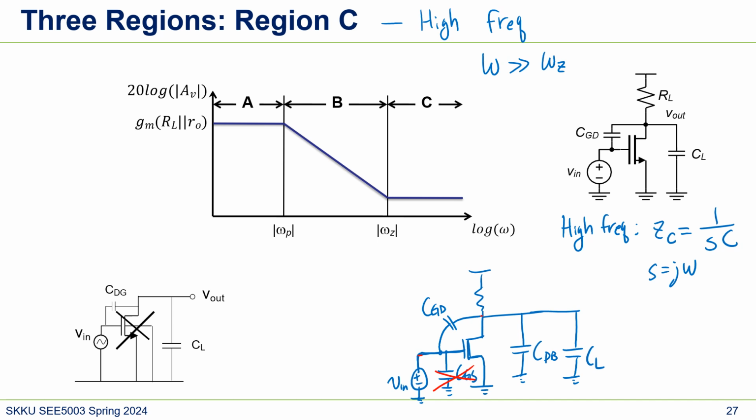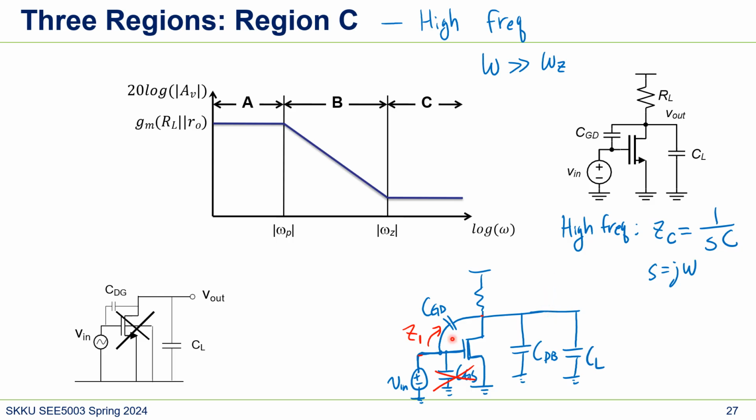So here what happened is the impedance through this Z1 becomes very small, assuming that the frequency is really high. Then the signal flows to this cap. Rather than passing through this MOSFET, it just goes this way.